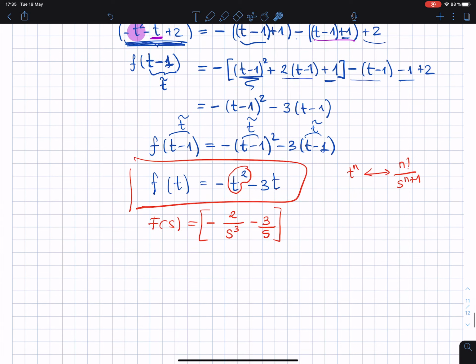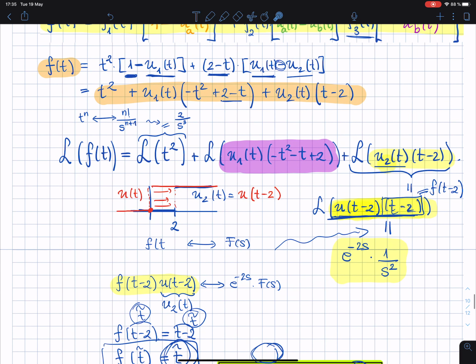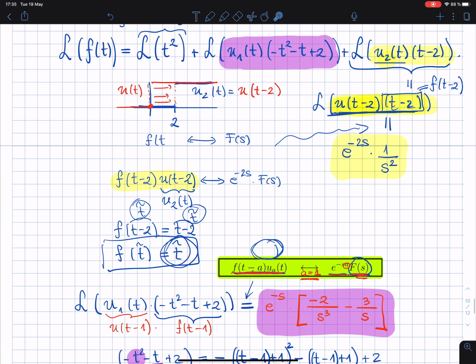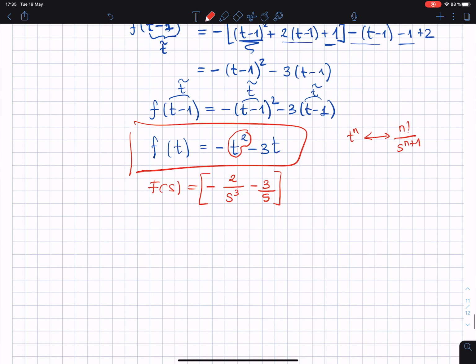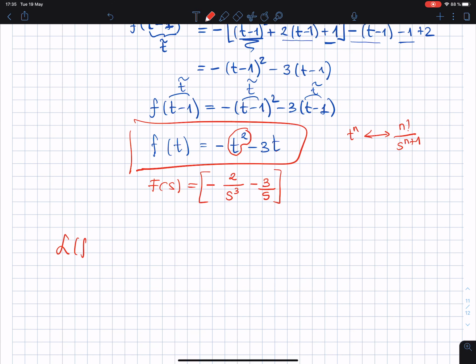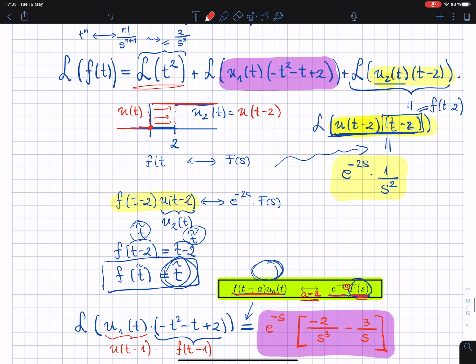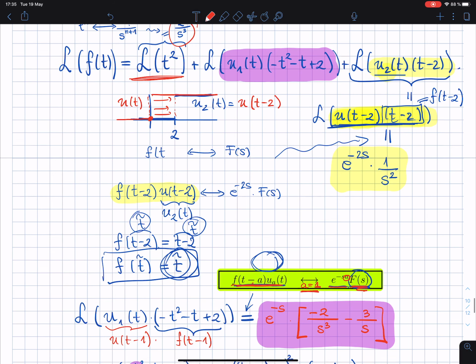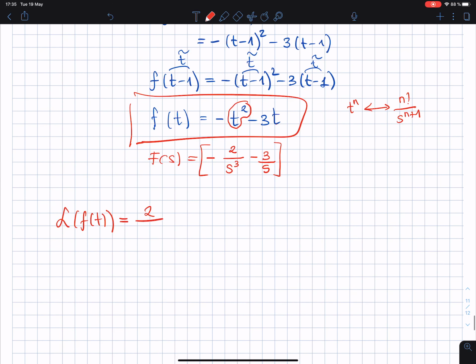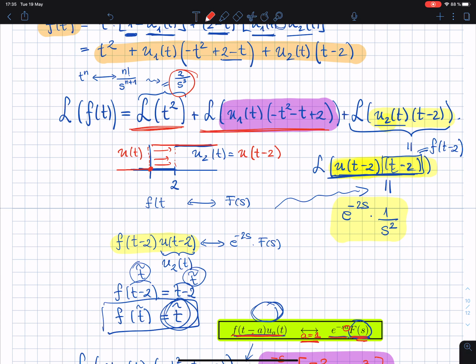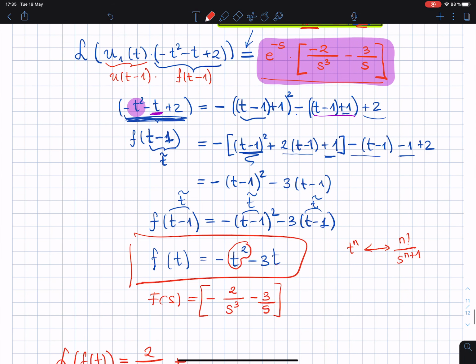Let me sum up here. So the Laplace transform of f of t is this first term, which is 2 divided by s to the power 3, plus this other term that was a little bit harder to compute, which is this term here.